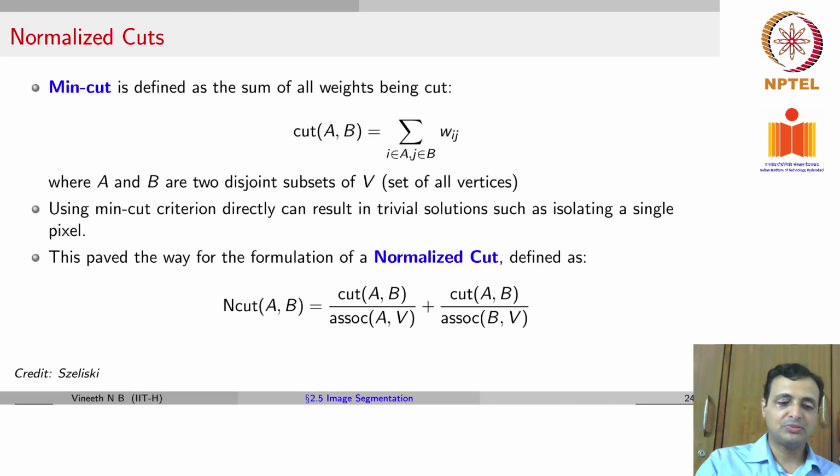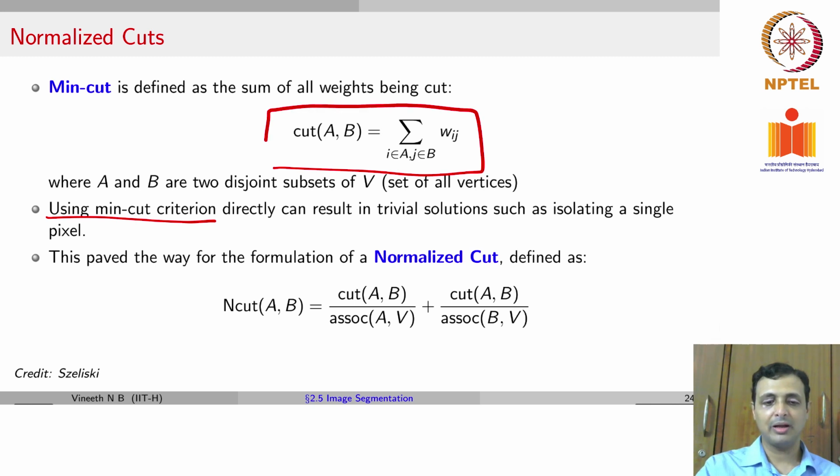But one of the problems with using the min cut is that it can also result in trivial solutions. Why so? Can you think about it? Why does this min cut problem result in trivial solutions? The answer is very simple.